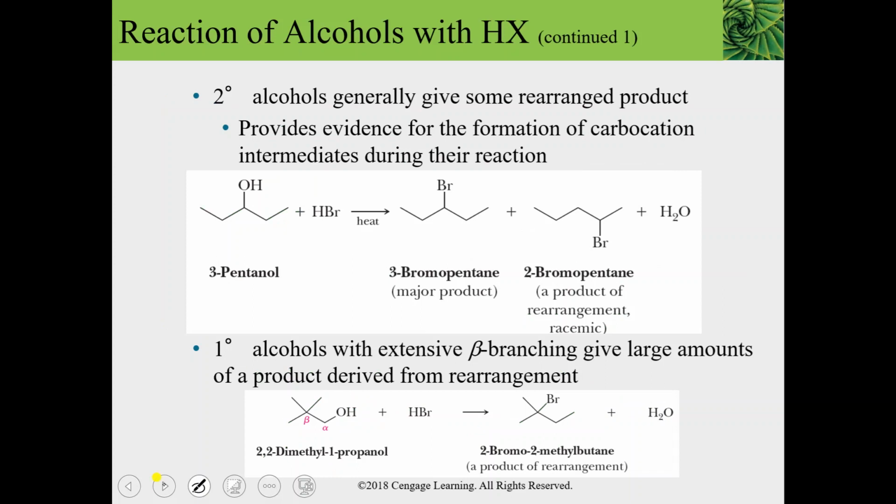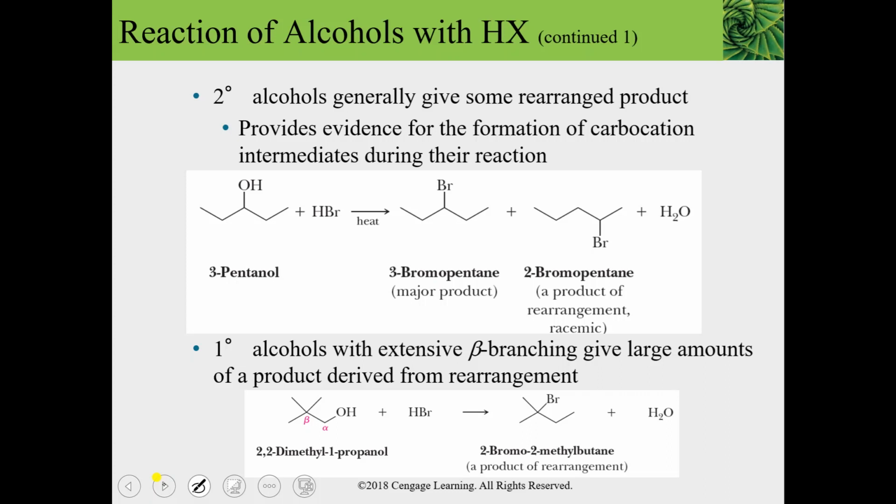When we talk about secondary alcohols, we can get rearranged products, so we can get a racemic mixture. But the primary or major product is going to be where that hydroxyl group was. There is going to be formation of a carbocation. Anytime we have a formation of a carbocation, that's when we're going to get the racemic mixture.